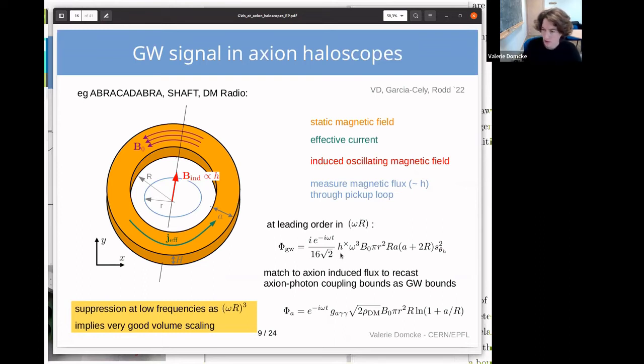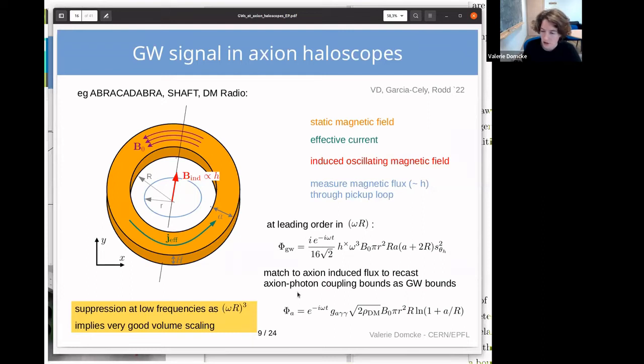Now, one thing you notice when you compare these two formulas is that the volume factor here is basically something which scales as length scale cubed, so radius cubed, times a logarithmic correction. Whereas here you get something which scales as radius to the 5th power times omega cubed.